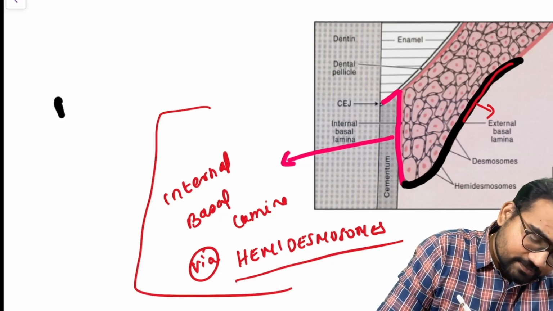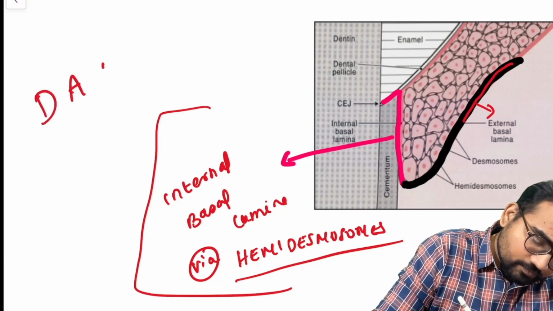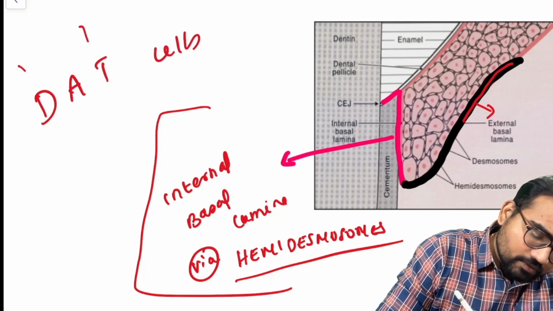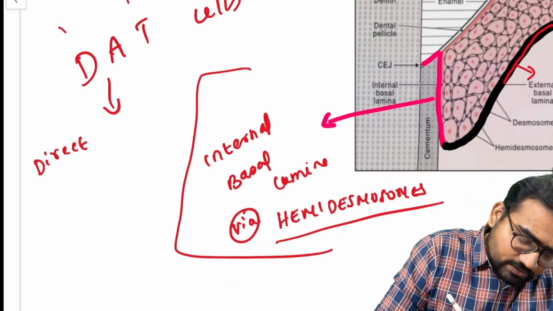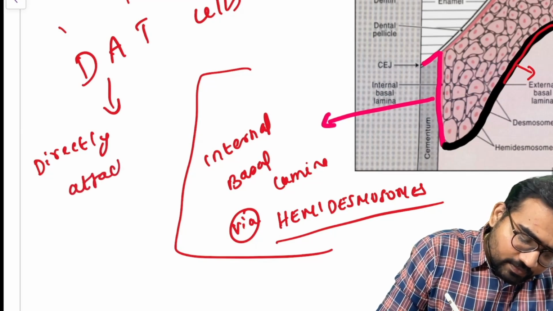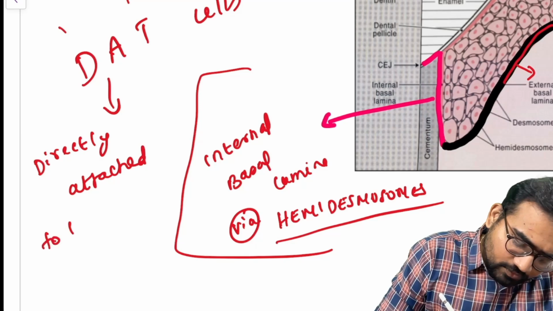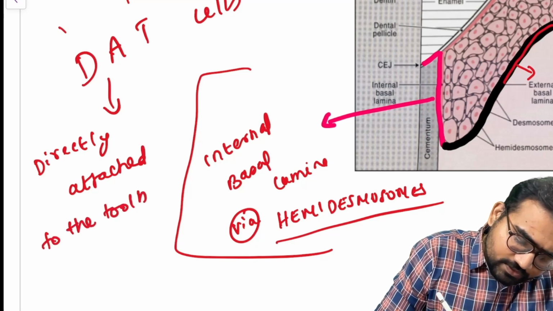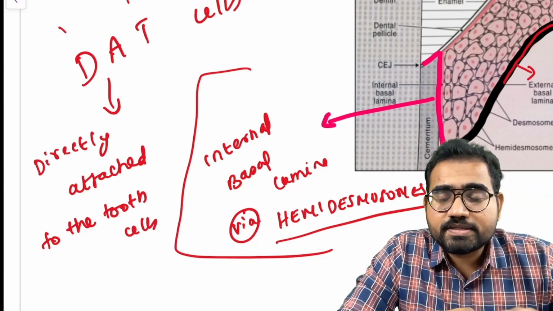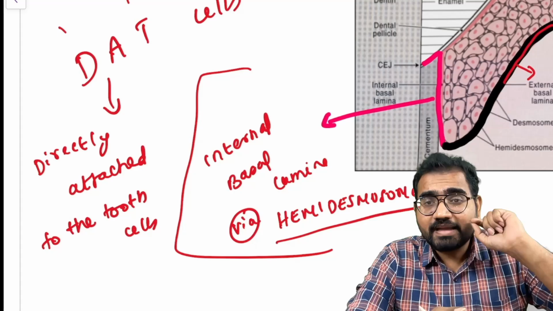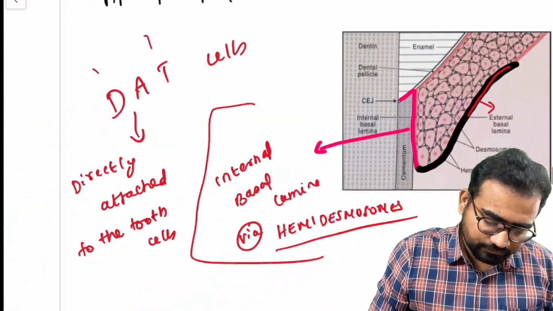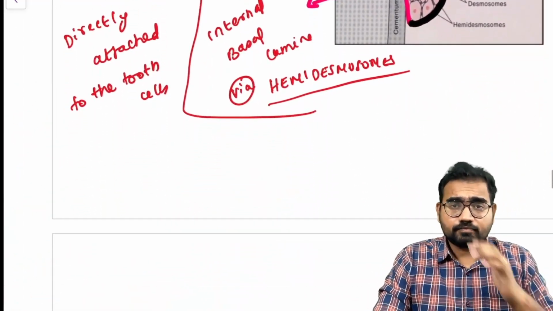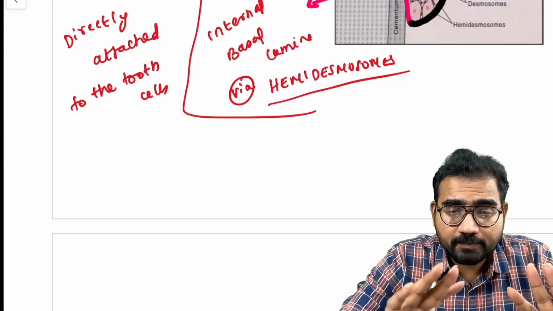What do you mean by DAT cells? DAT cells are directly attached to the tooth cells. This is what you should know about junctional epithelium.